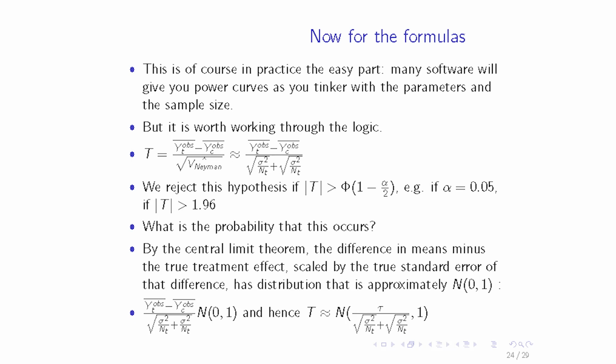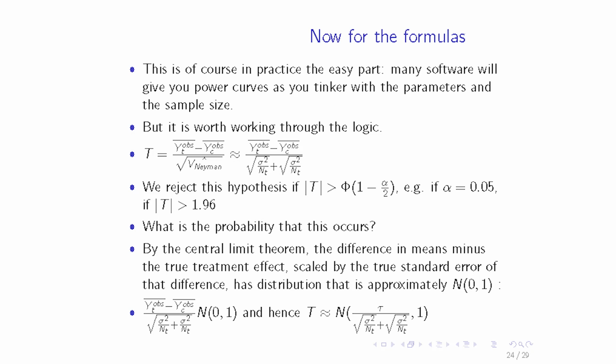So given tau and sigma, we know what test statistic we are going to get at the end. At the end, when we have everything, we are going to construct the t-statistic with the observed values: the observed difference in means divided by our best estimate of the standard error. And we know that it's going to be approximately normally distributed with that mean, tau over the square root of the sum of the two variances, and variance 1.